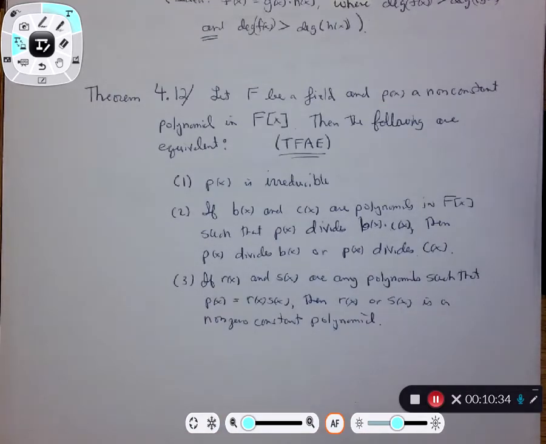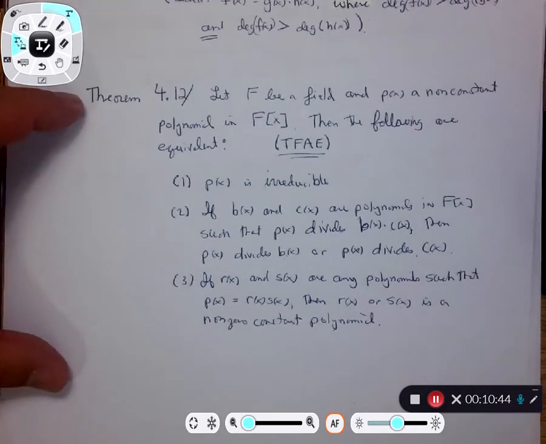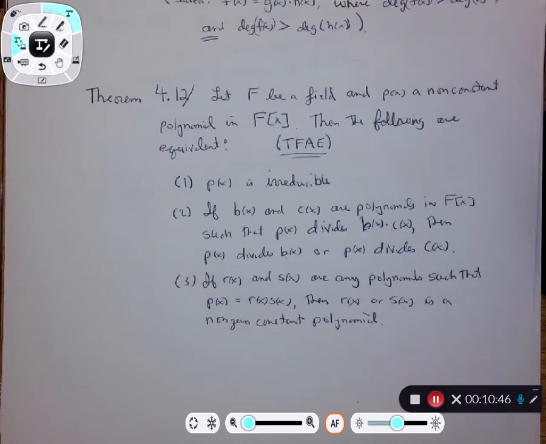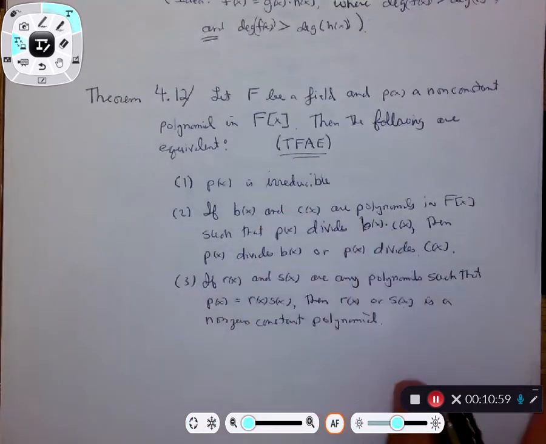The degrees don't reduce, because if the degrees reduce, that makes it a reducible polynomial. So there's the main idea, and you'll notice that Theorem 4.12 is very much like it was worded in Chapter 1 with the properties of primes. So irreducible and prime are very similar, but when you deal with polynomials, you don't call them prime, you call them irreducible.